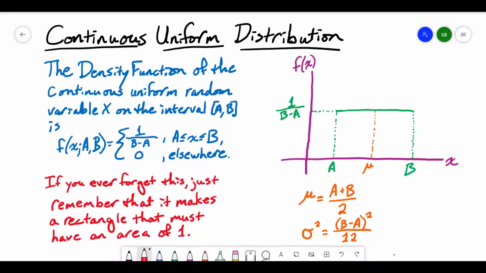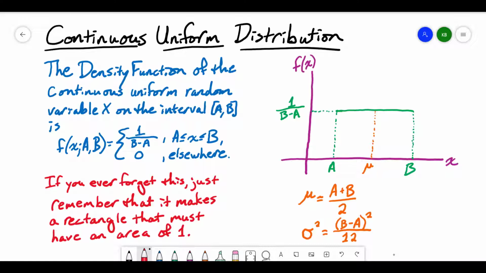So if you ever forget what the density function is, you can just remember that the uniform distribution stays the same for all of the values between a and b. So it makes a rectangle, and the area of that rectangle has to be 1.